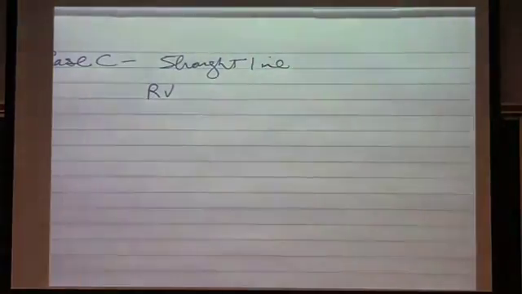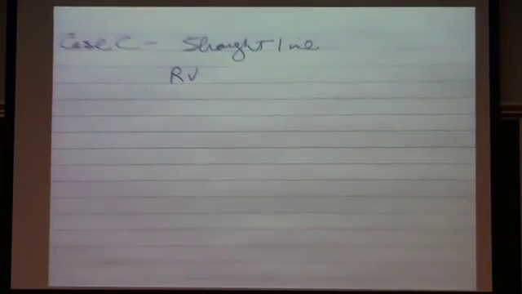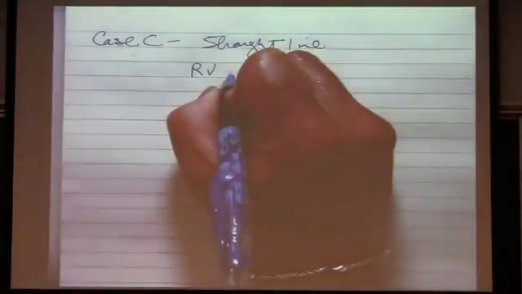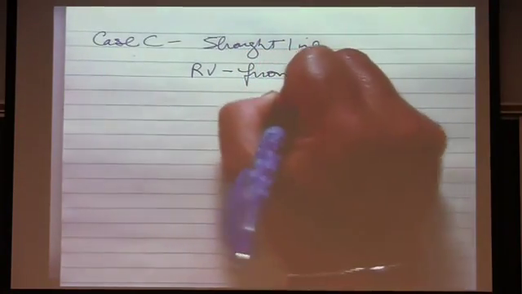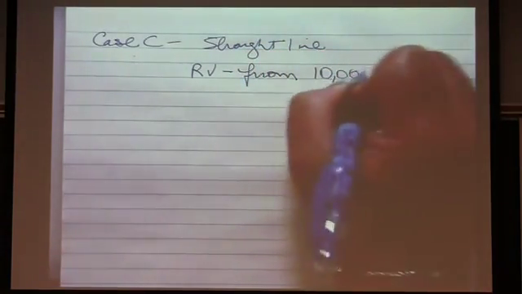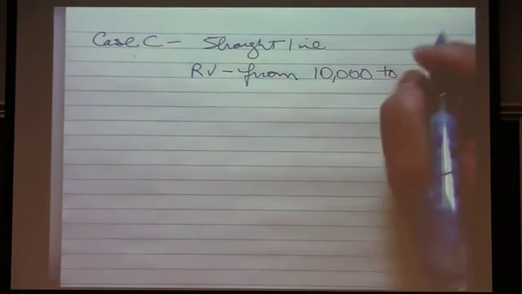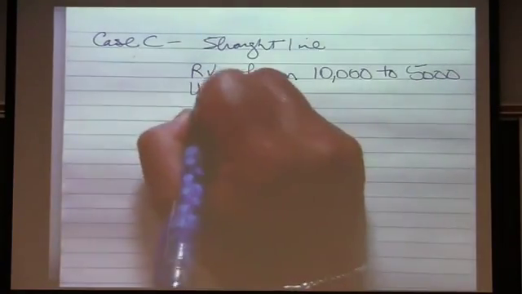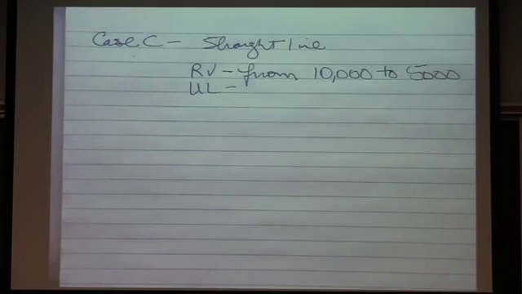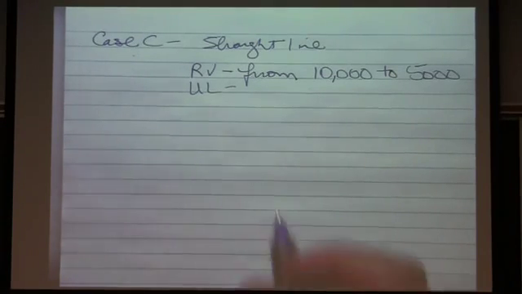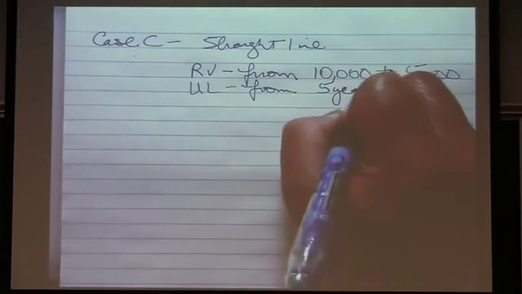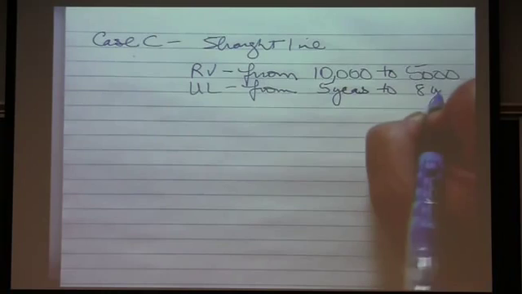So we're going to change the residual value from 10,000 to 5,000, and we're going to change the useful life, short form UL, from 5 years to 8 years.